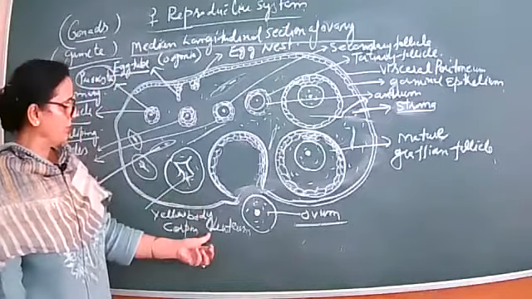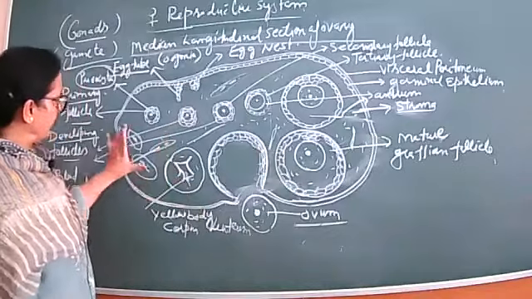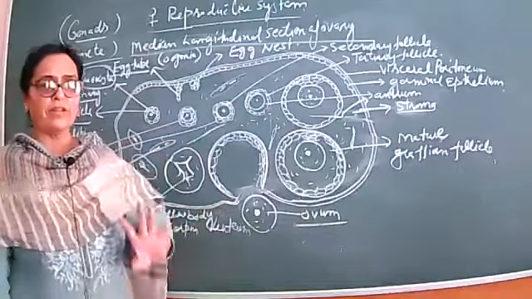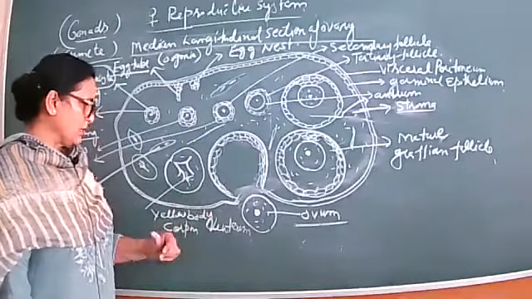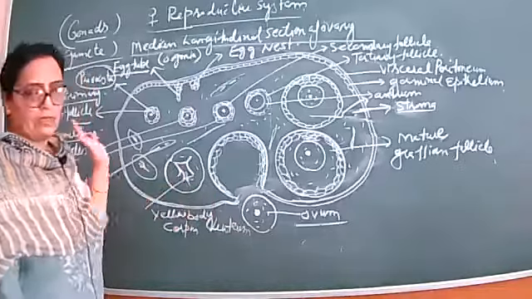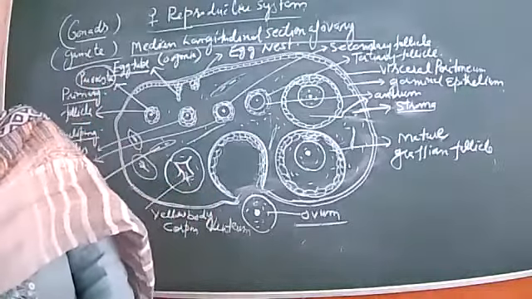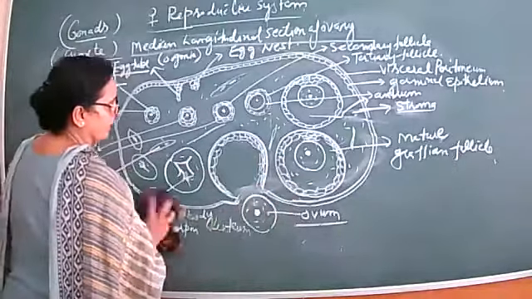So that's why it's also known as the yellow body. Clear? Then this yellow body will ultimately regress and become small in size. So the corpus luteum, the main function of that is production of the progesterone hormone, and ultimately it will be regressed fully, and it will be no more.